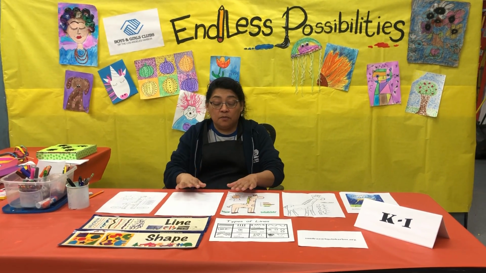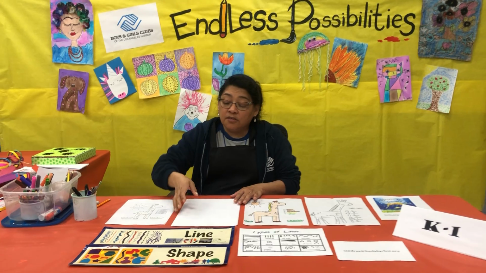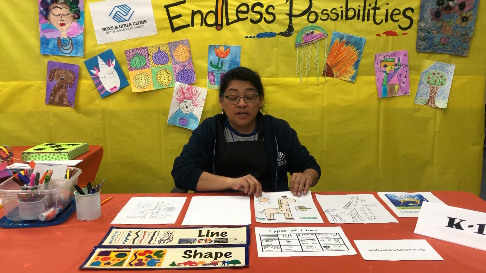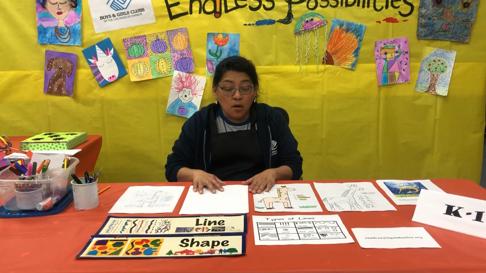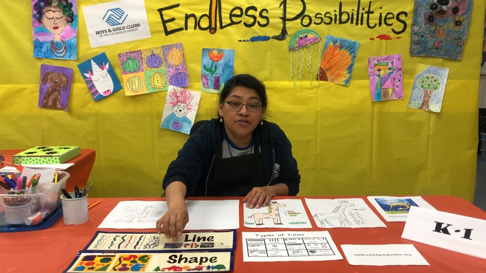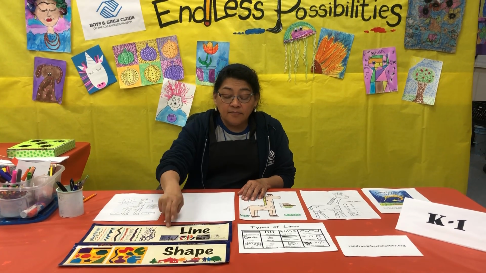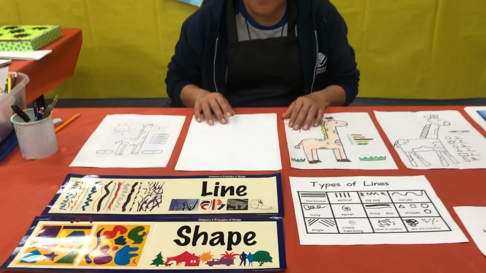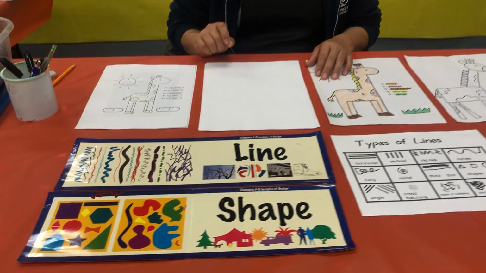But anyway, let's start. Today, before we draw our giraffe, it's very important to go over two elements of art, which are line and shape. Line is the first one. What is a line? A line is a dot in a space that has a beginning, but doesn't have an end.